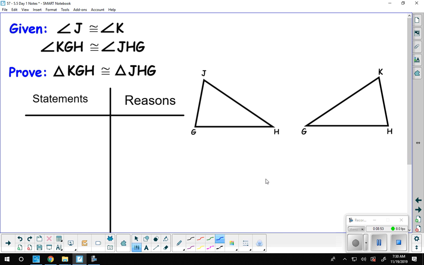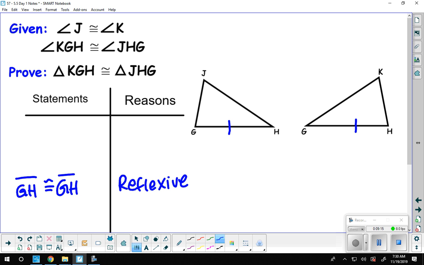So we already said that GH is congruent to GH because they were overlapping. So I'm going to write that down here. Anytime something is congruent to itself, we know that because of the reflexive property. Okay. So let me go back and mark our givens.